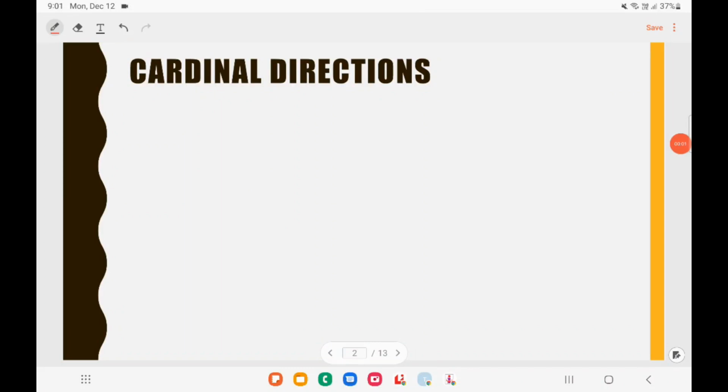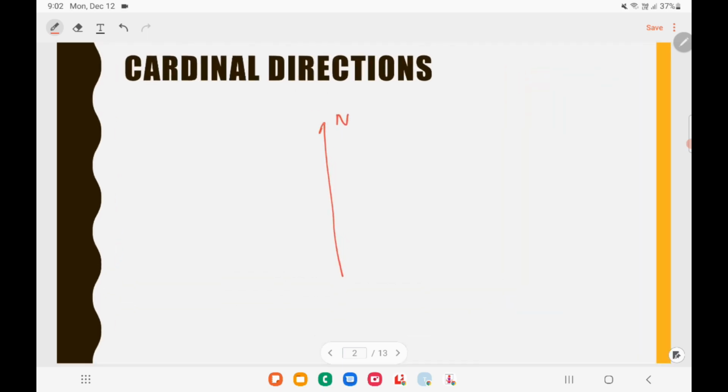The most basic thing that you need to understand from this topic is the concept of directions, or the four cardinal directions. So you should know where south, north, east and west are. Normally we write like this, right? This is north. If this direction is north, this direction is south, this direction is west, and this direction is east.